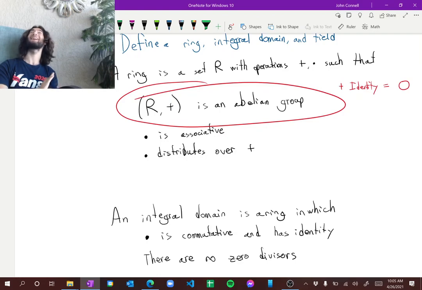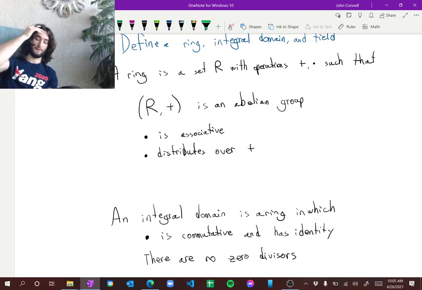Whatever that identity element is for that first operation, we often use this symbol to indicate it, even if it's nothing like the number 0. If it's like the number 0 in this key way, that it's the identity for the first operation, we use the same symbol.